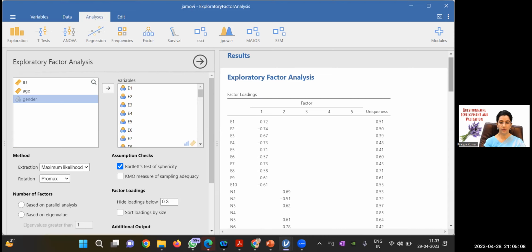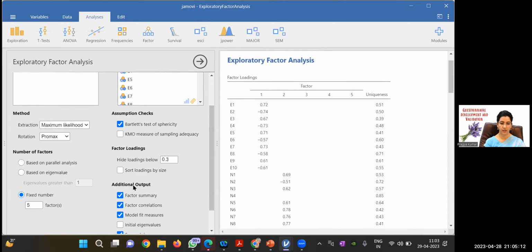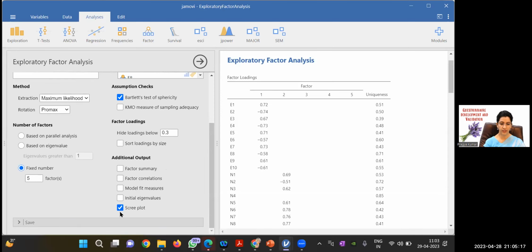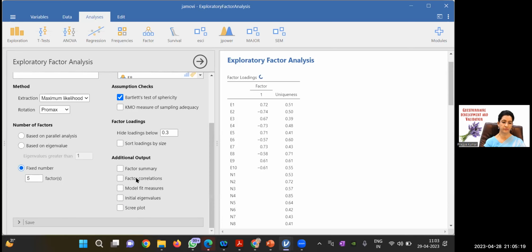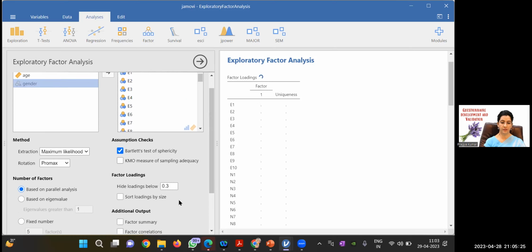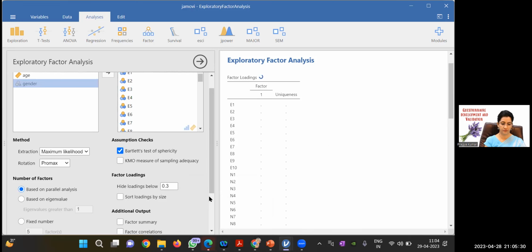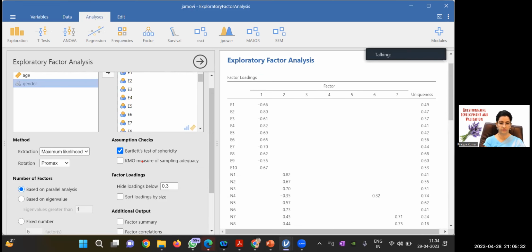Now, before the factor comes, it always gives you results, but we have to check. I will uncheck all these, because first you will check the assumptions. This is the window for assumption check.